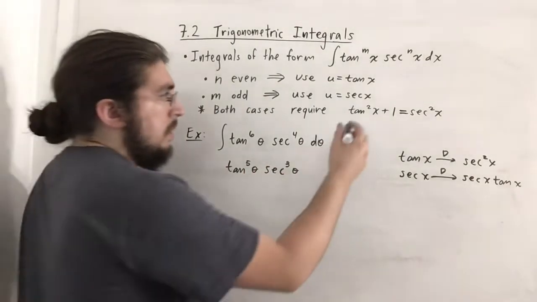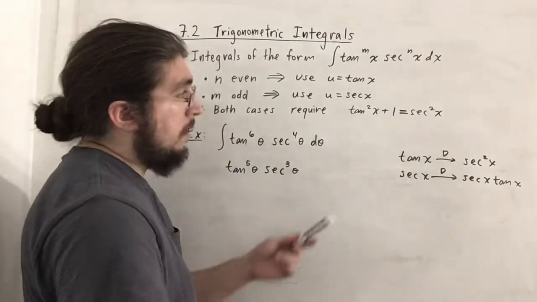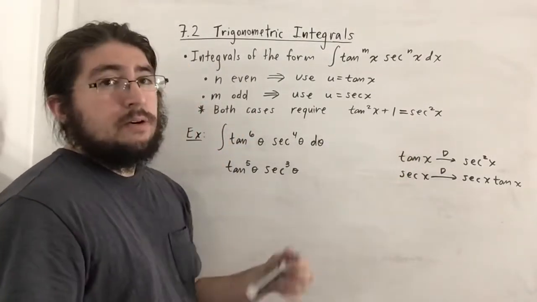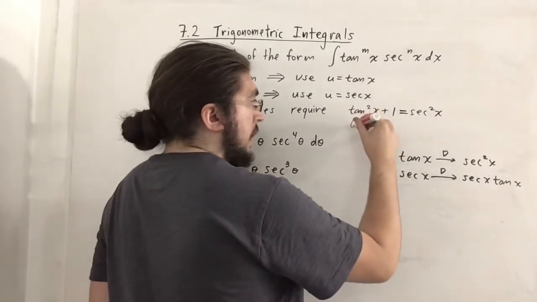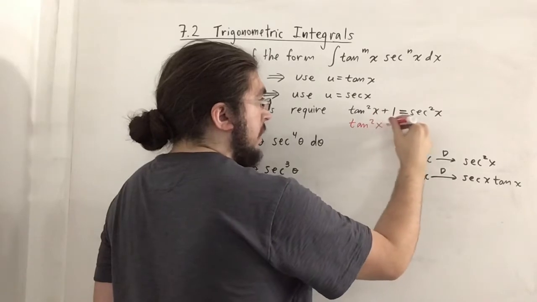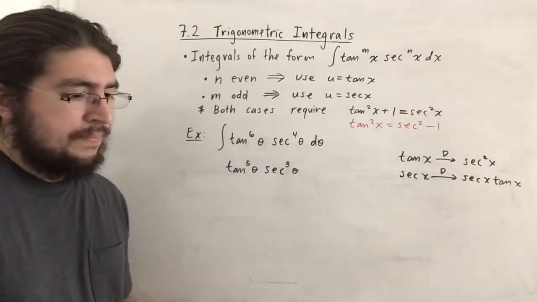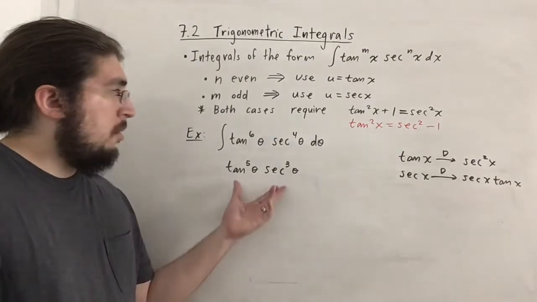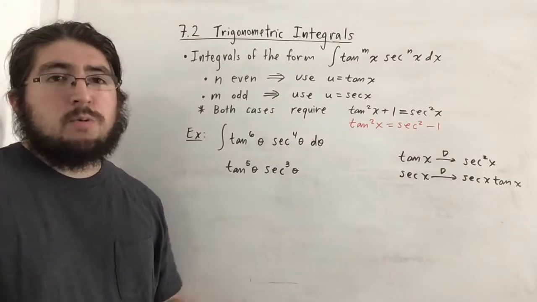By the way, when I say both cases require this, one case will definitely require this to write secant squared in terms of tangent squared, but the other case would require us to write tangent squared in terms of secant squared. That's just solving for tangent squared. But since we don't have any even powers once we pull one tangent and one secant off to the side, that's not really going to work for us.